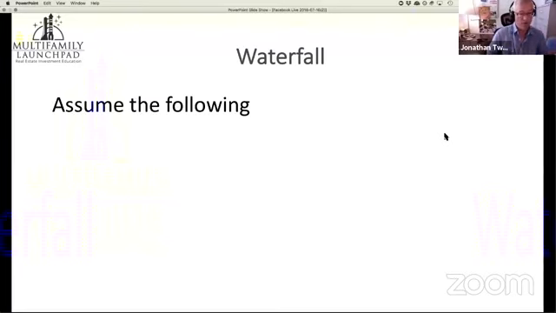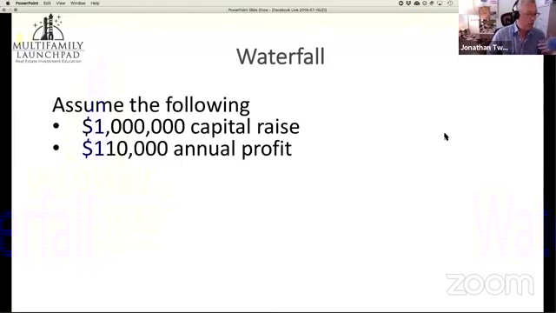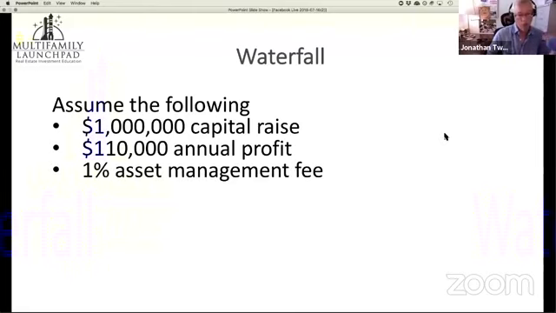So let's assume the following for this example. You've got a $1 million capital raise. Your deal is generating $110,000 of annual profit. You're charging a 1% asset management fee based on the $1 million capital raise.